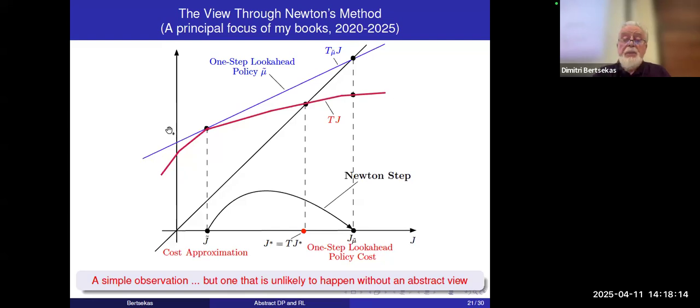So in particular, if J tilde is within this segment here, and here the segment is quite large, then you're going to converge in a single step. So there's no notion of convergence rates, condition number, because it's a different game. And a lot of the things that we know from numerical analysis about Newton's method do not apply.